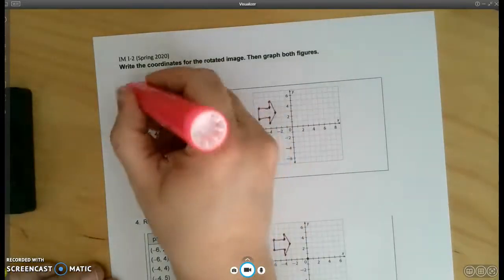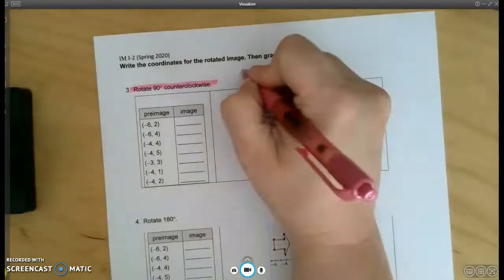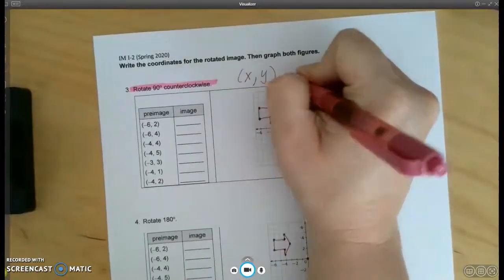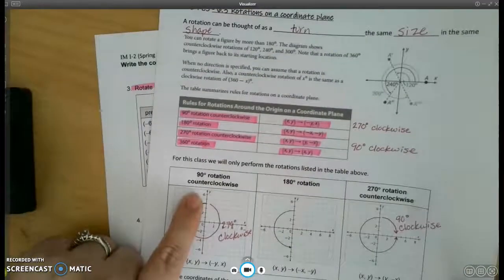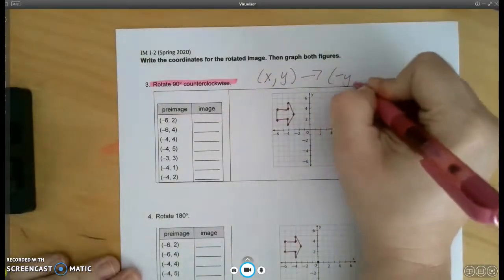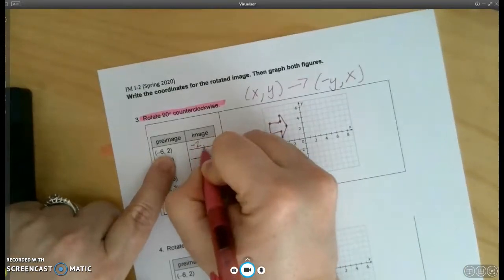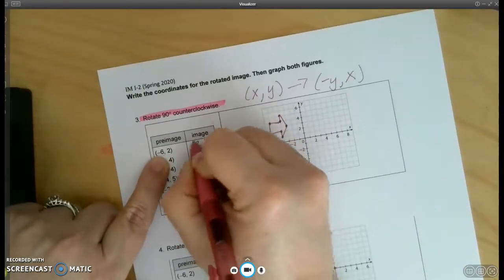So this one we are rotating 90 degrees counterclockwise. So 90 degrees counterclockwise means that (x, y) is going to become (-y, x). So change the y value and then leave the x value the same.